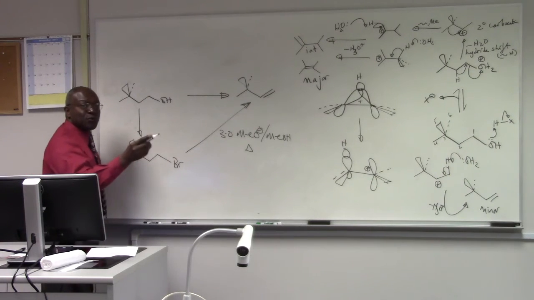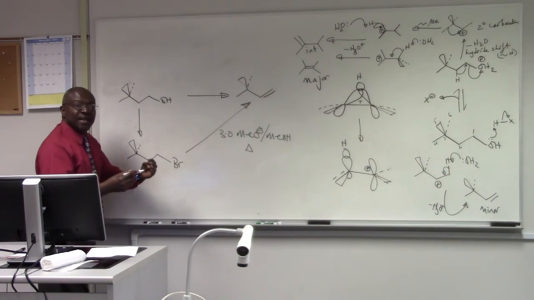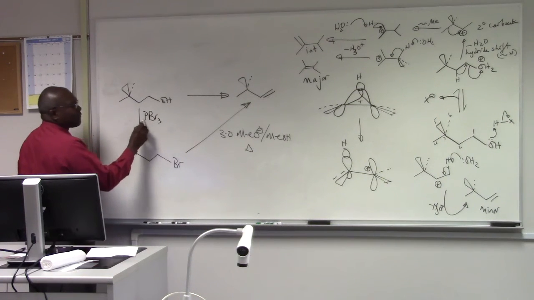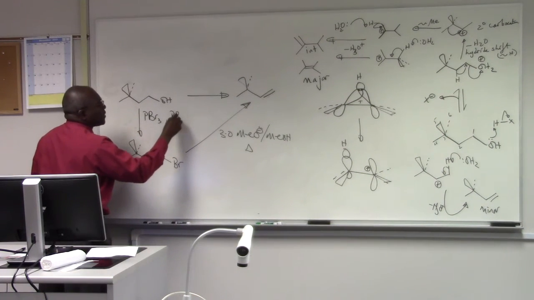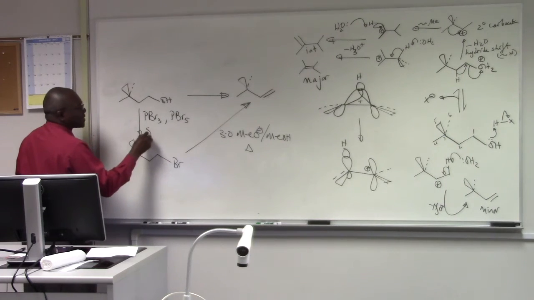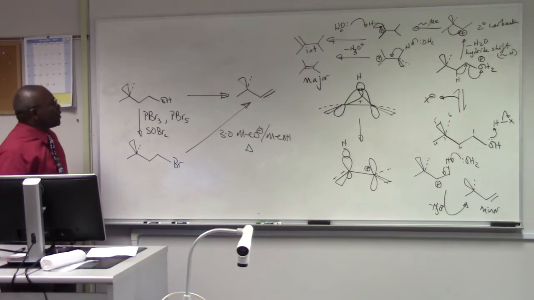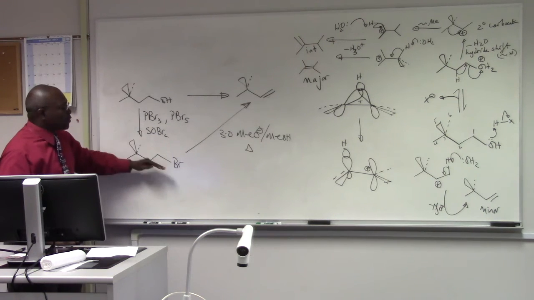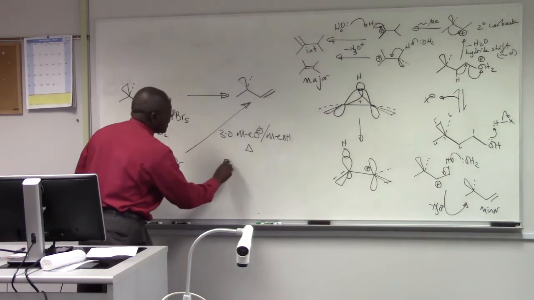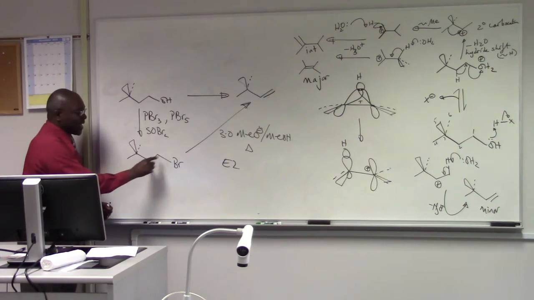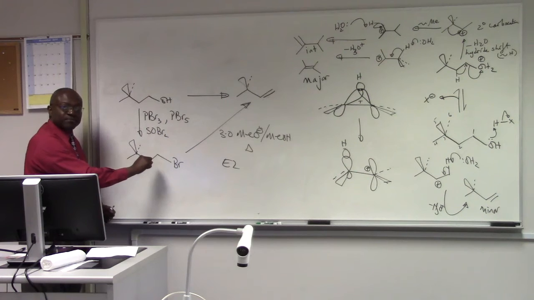There is a slew of brominating agents, including PBr3, phosphorus tribromide, PBr5, SOBr2, and a whole bunch of others. So I would convert the alcohol to the bromoalkane. That allows me to carry out E2 chemistry, simply saying, here's the Br, here's the H, and that's what I'm going to get.